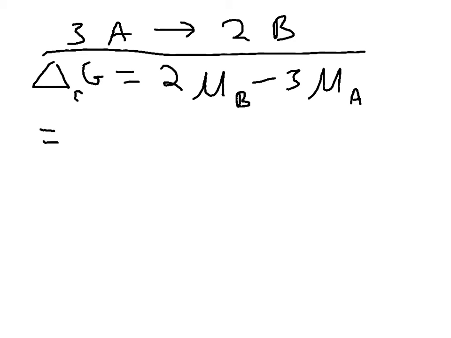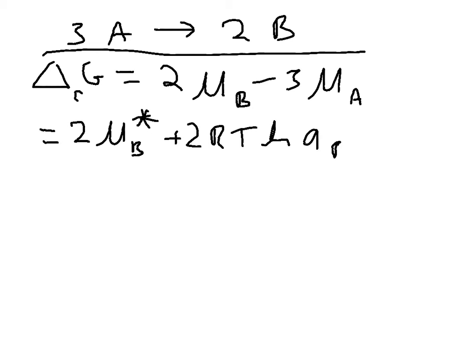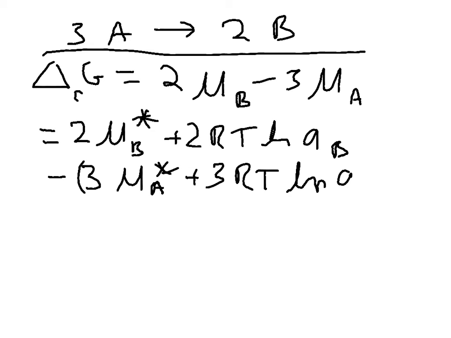So if we write this, we can say that this is equal to 2 times the standard chemical potential for B plus 2 times RT log of activity of B, minus 3 times the standard chemical potential of A plus 3 times RT log of activity of A. And then you might remember that a property of logarithms is that if you have something before the logarithm, you can take it and put it here as an exponent.